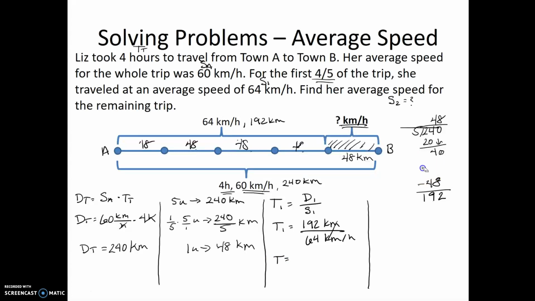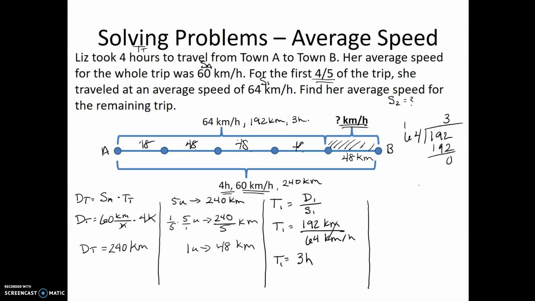I'm going to erase some of this over here. Oh, whoops. That didn't erase, did it? Okay, so 192 divided by 64, and I'm going to guess 3. 3 times 4 is 12. 3 times 6 is 18, plus 1 is 19. Ooh, I was right on. Okay, so our time 1 is going to be 3 hours.